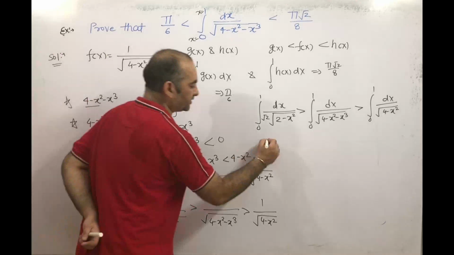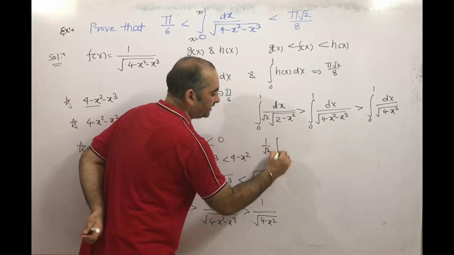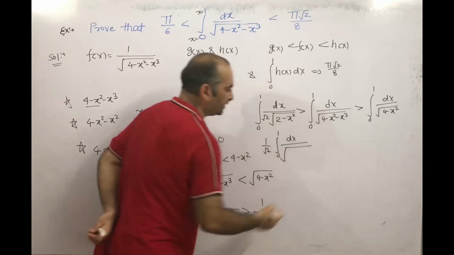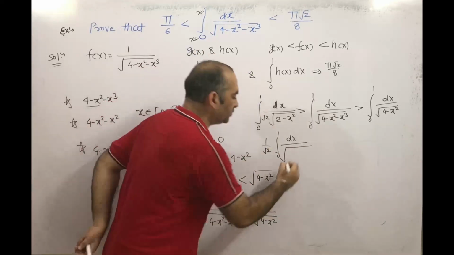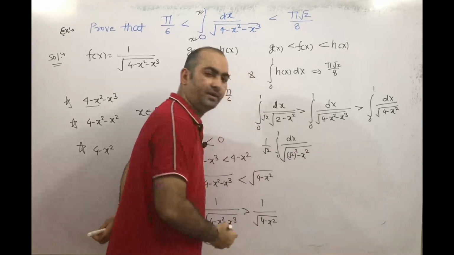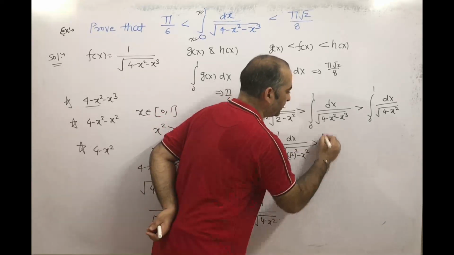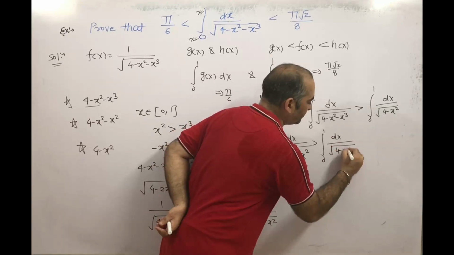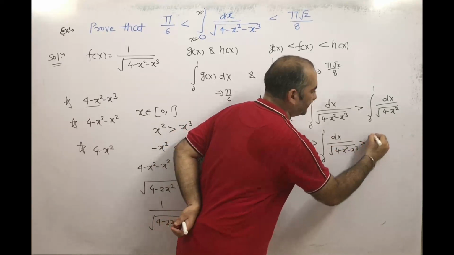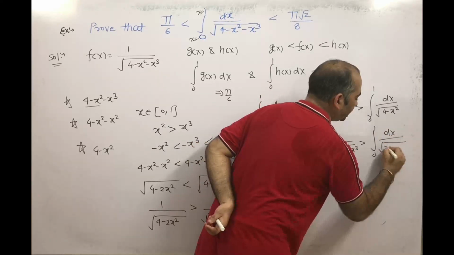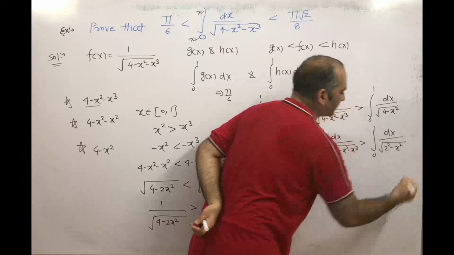Okay, now what will come here? 1 by root 2 is outside. Integration 0 to 1 dx divided by root over this 2 we can write root 2 whole square minus x square is greater than integration 0 to 1 dx divided by root over 4 minus x square minus x cube is greater than 0 to 1 dx divided by root over this one we can add 2 square minus x square.